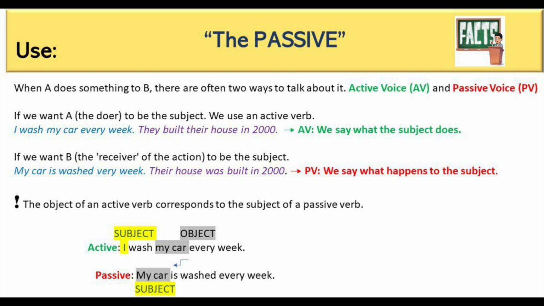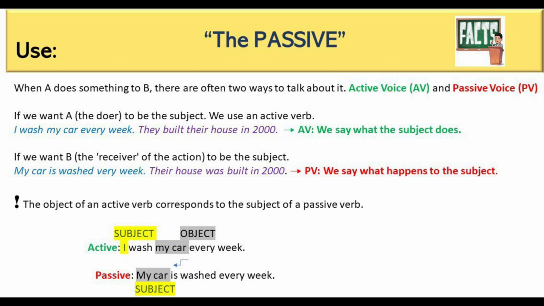And the object of an active verb corresponds to the subject of a passive verb. So you may have to pause the video and think about this. If we have an active sentence, I wash my car every week, I am the subject and my car is the object. If we want to change it into the passive sentence, it then becomes my car is washed every week.